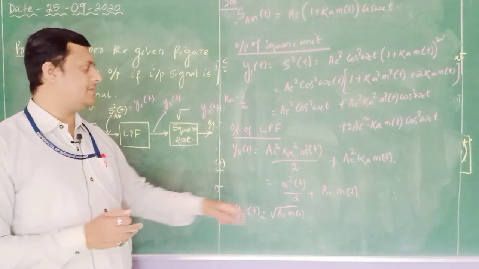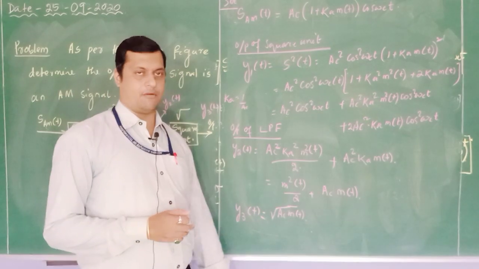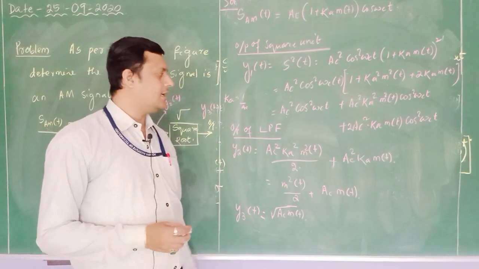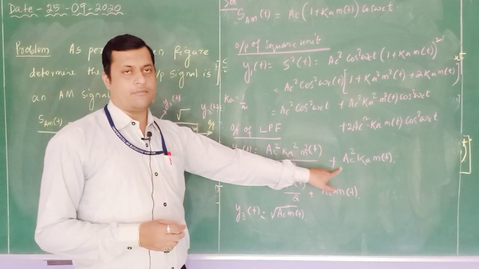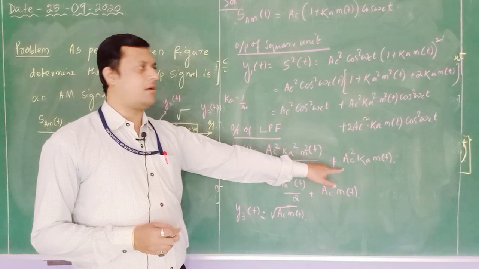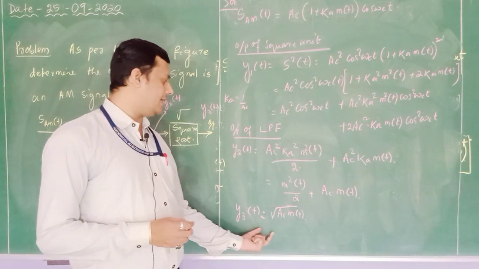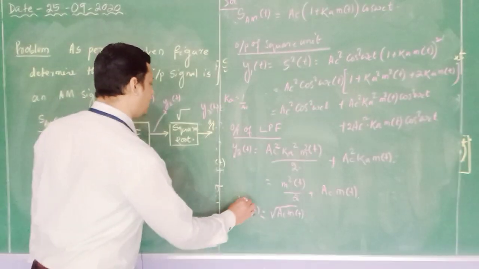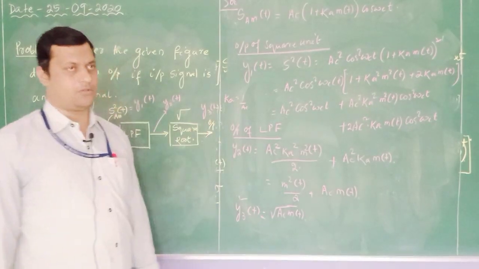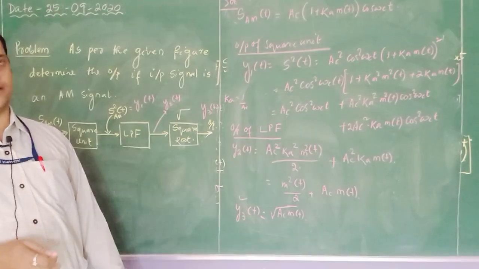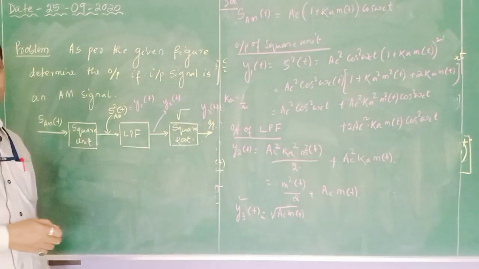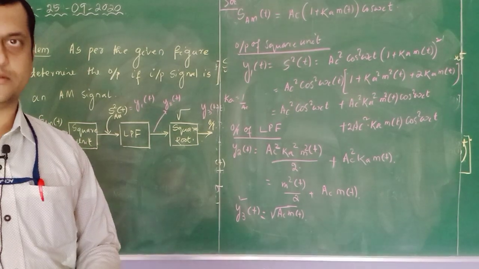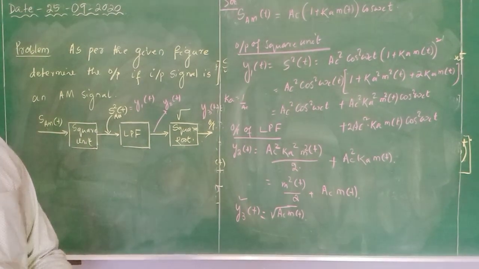So our information is only Ac into m of t. You can see that Ac square ka into m of t, if you take the square root of this, you will get Ac root over of ka into m of t, or directly you can write root over of Ac into m of t. So this is the output of this square root. This is one sort of numerical related to the squaring unit. Okay, thank you.